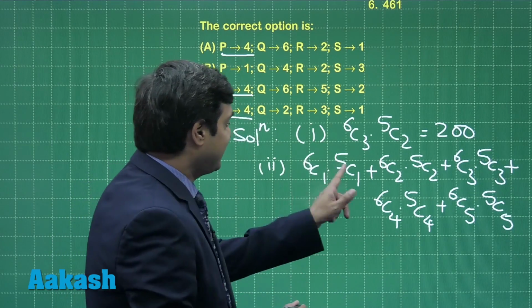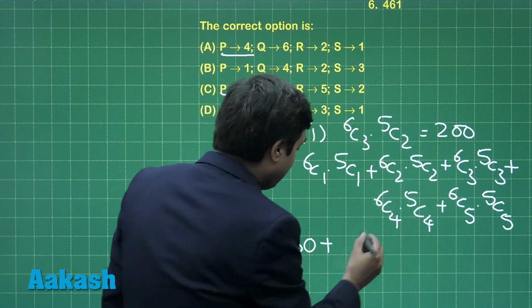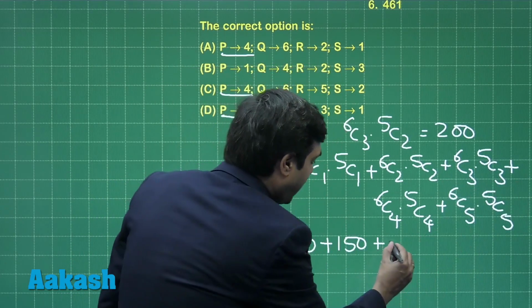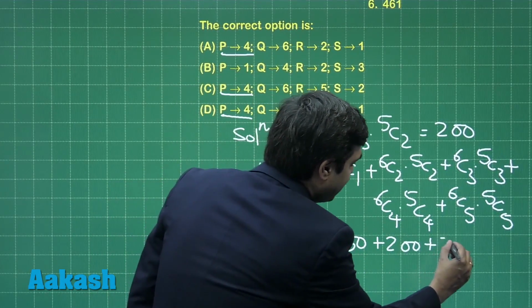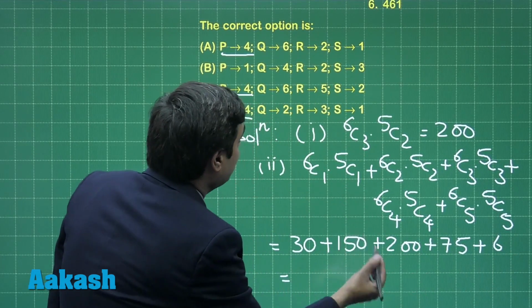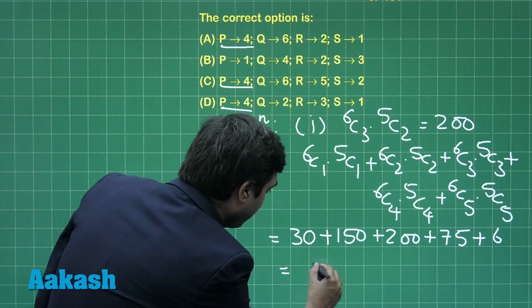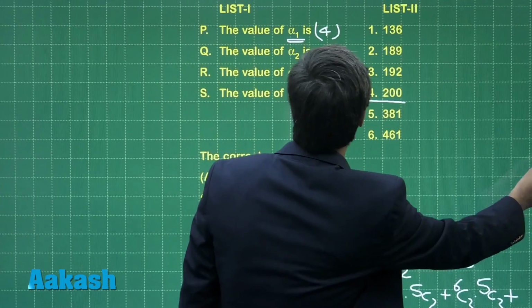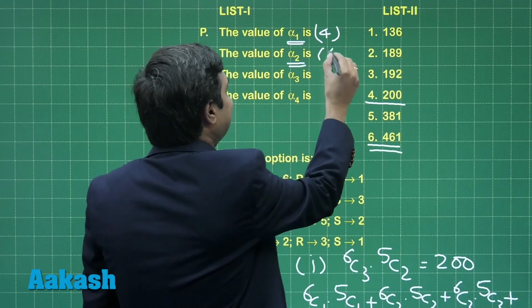This gives us 6 into 5, that is 30, plus 15 into 10, that is 150, plus 20 into 10, that is 200, plus 15 into 5, that is 75, plus 6. Just add them all to get the required result as 350, 425, it is 461. So, we can see from the given options the value for alpha 2 is 461, that is 6th case.